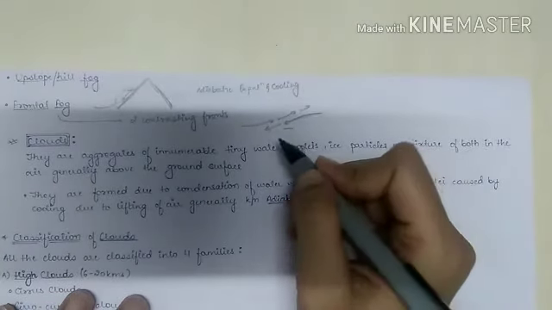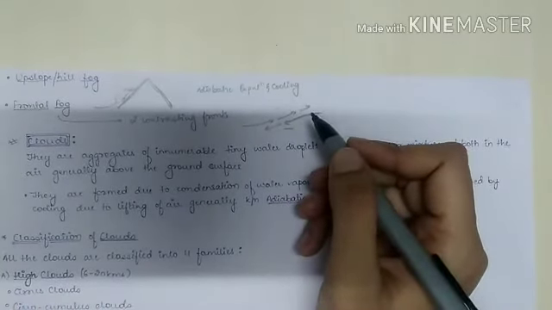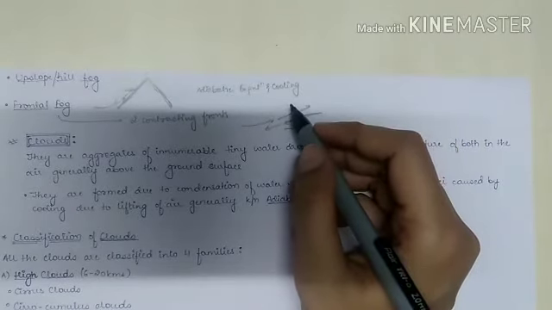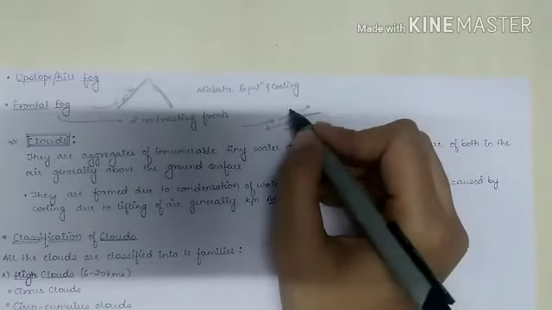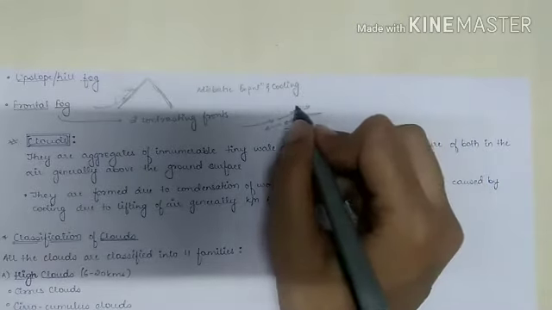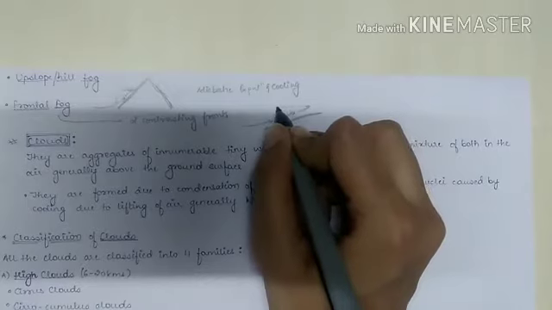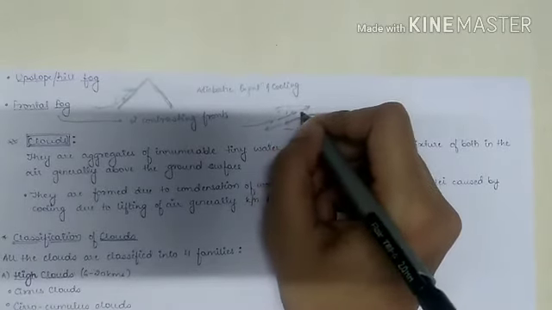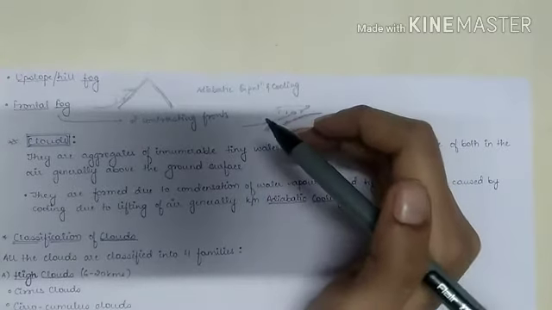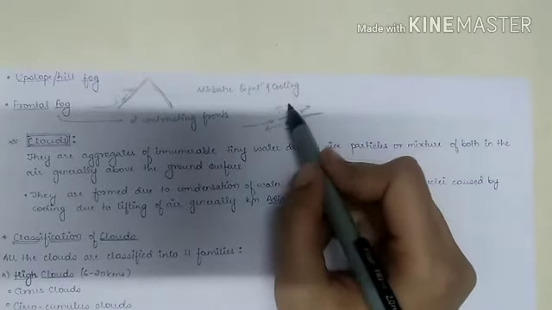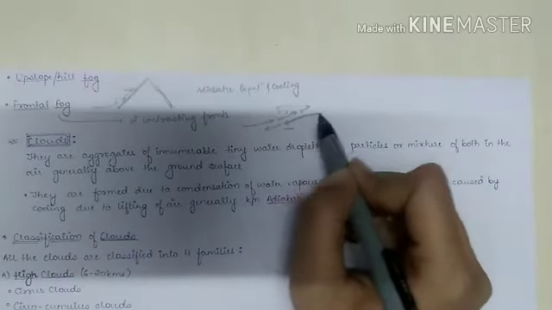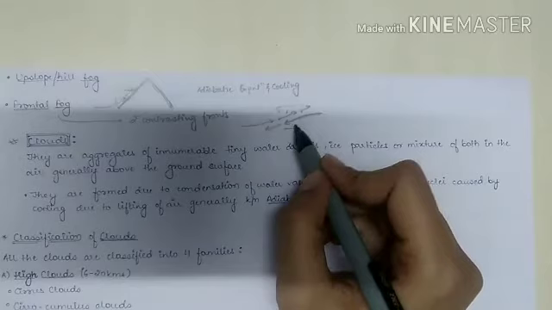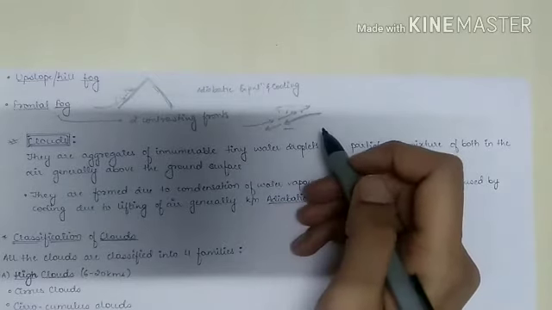Now sometimes what happens, when the saturation and condensation of the overlying warm and moist air actually causes rainfall. Okay, this condensation causes rainfall, and because of this rainfall, the underlying cold air mass is saturated and thus the fog is produced.